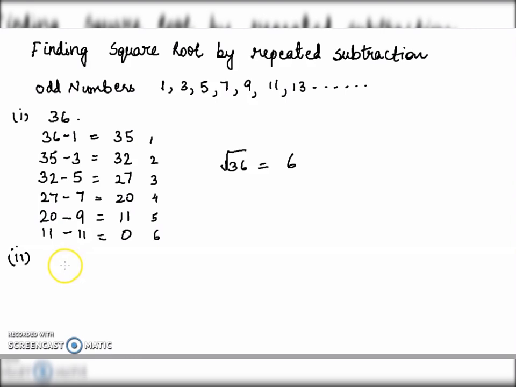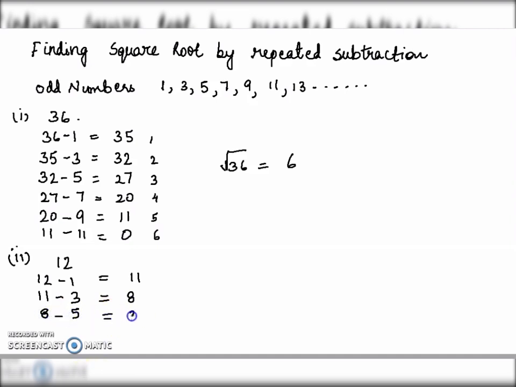So now suppose I take up here a number that is not a perfect square. Say for example, I take up 12. So if I need to find the square root of 12, the first step will be 12 minus 1. So that will give me 11. The next step will be 11 minus 3. So that will give me 8. The next step will be 8 minus 5.